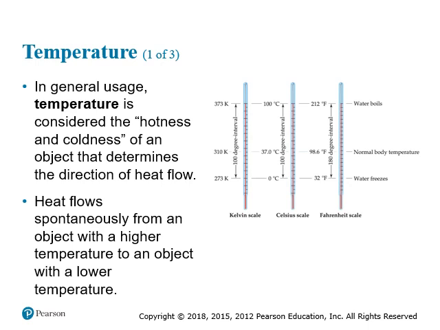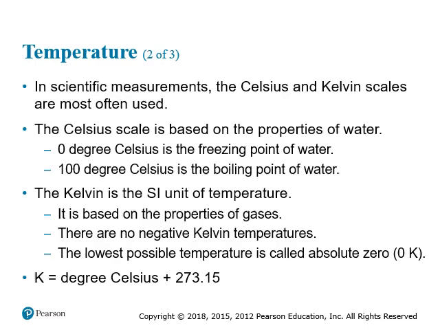On the right-hand side of this slide, we see three different temperature scales. We see the Kelvin scale, the Celsius scale, and the Fahrenheit scale. Scientifically speaking, the Celsius and Kelvin scales are most often used.